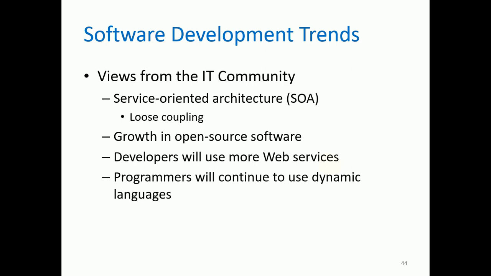There is also open source software that is almost the same quality as, or at par with, proprietary software. And developers will use more web services since nowadays people are relying more on the internet and buying online. All the transactions are mostly done online. And programmers will continue to use dynamic languages.